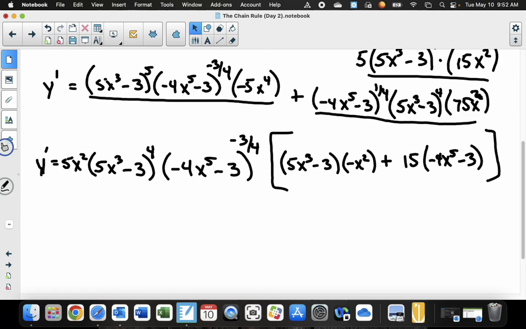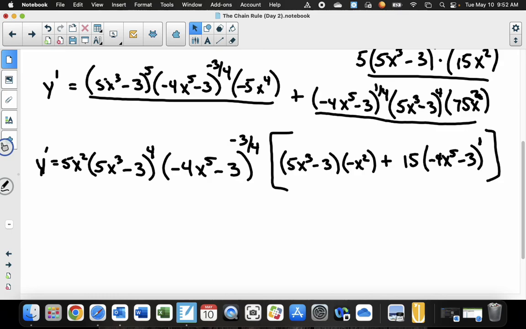Didn't we subtract 1/4 minus 1 and get negative 3/4, right? So when I factored out this whole quantity to the negative 3/4, what it left behind is an exponent of 1, which actually turns out to be nice. It's kind of a nice surprise. So this quantity right here, when I factored out the negative 3/4, there's really just a 1 sitting right there.